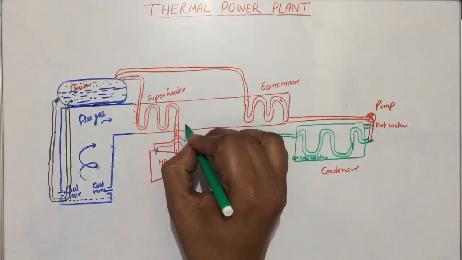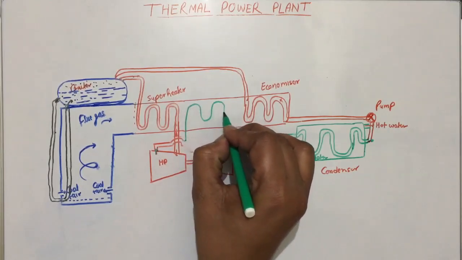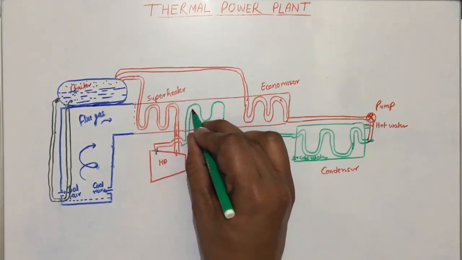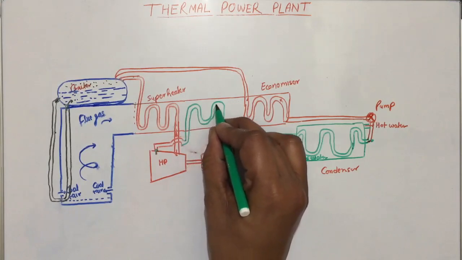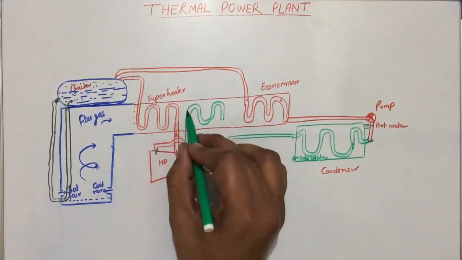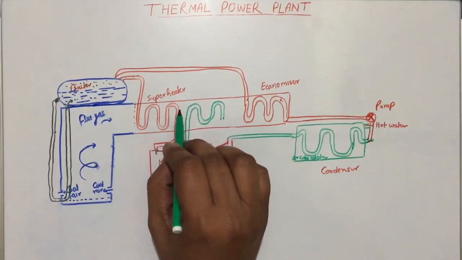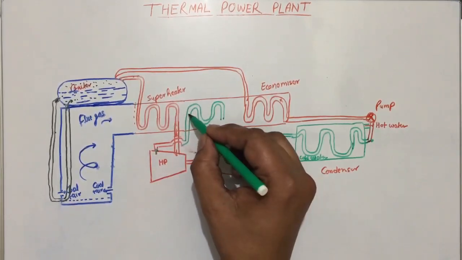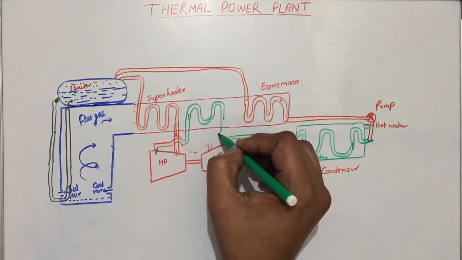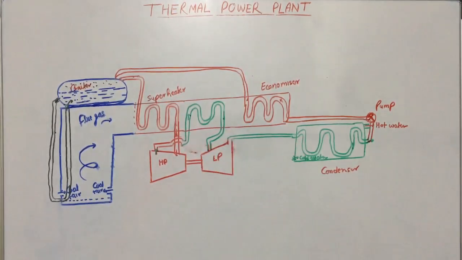We can do some modification like that, and the steam is allowed to pass like this, that can collect the heat from the flue gases that is coming from here, and the steam that is passing from here gets further heated up, its temperature increases, and that can be fed back to the low pressure turbine.